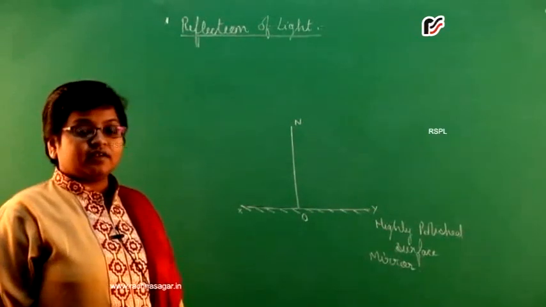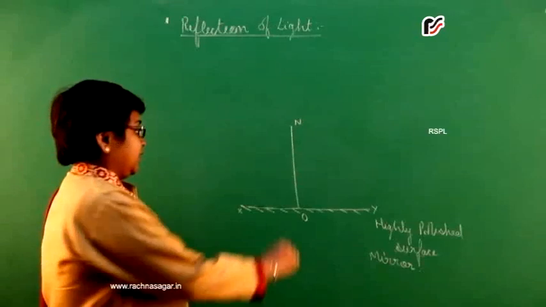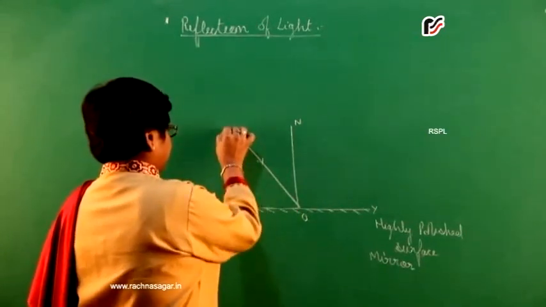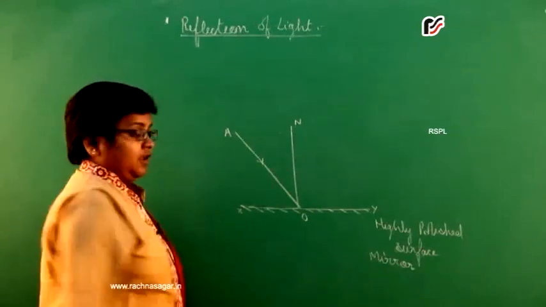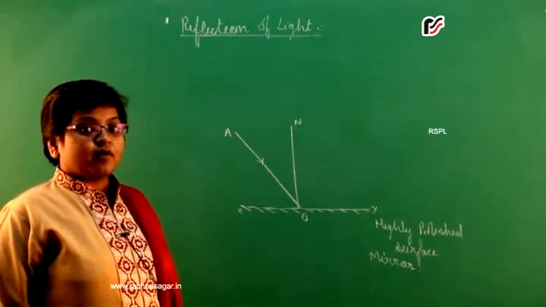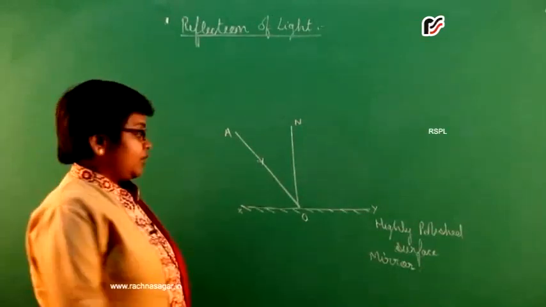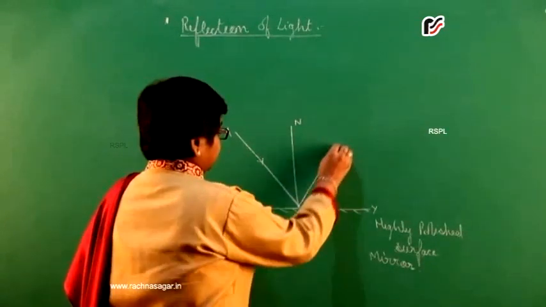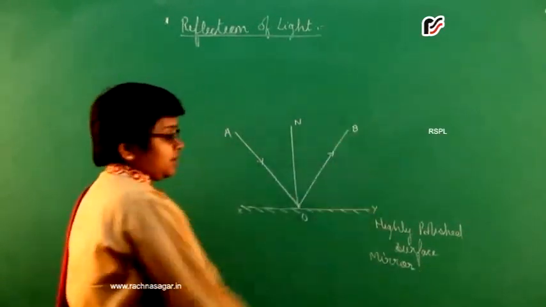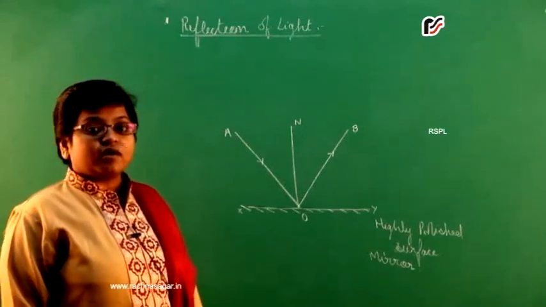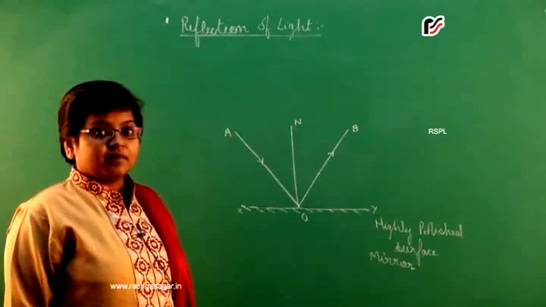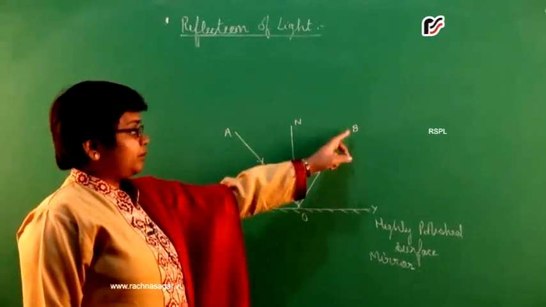Here ON is normal. A ray of light AO is incident at point O. After striking the polished surface, it bounces back in the same medium, that is OB.